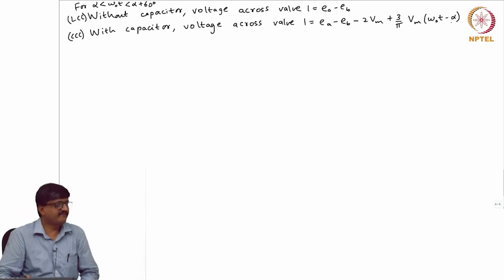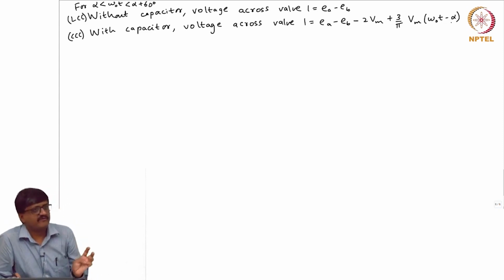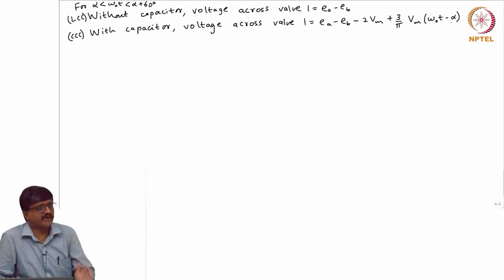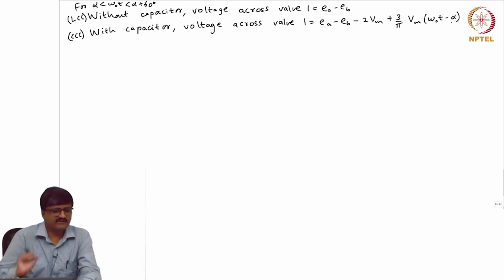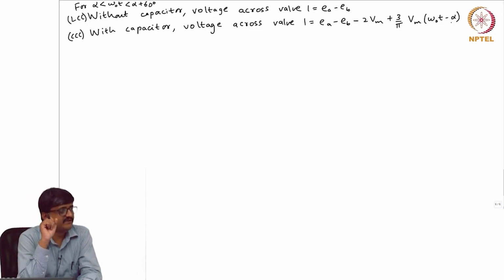Okay. So, for inverter operation, we can go for alpha closer to 180. In the previous case of LCC, there was a limit on alpha; one cannot go to values close to 180. Now we can go even for inverter operation.